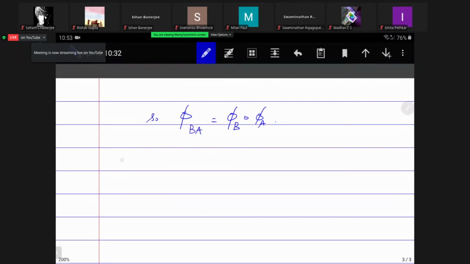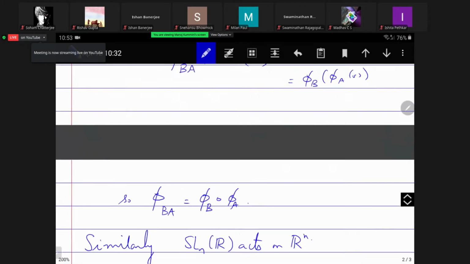And similarly, SLnR acts on Rn. That's again the same calculation.